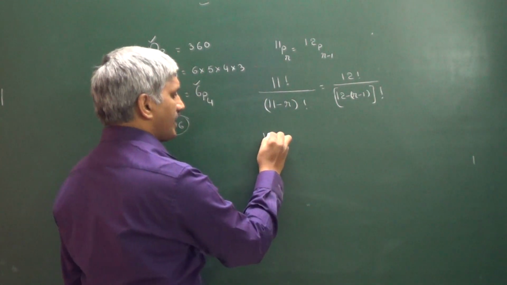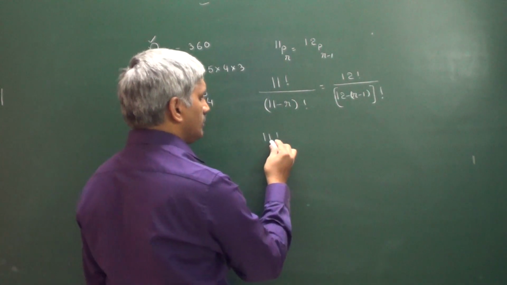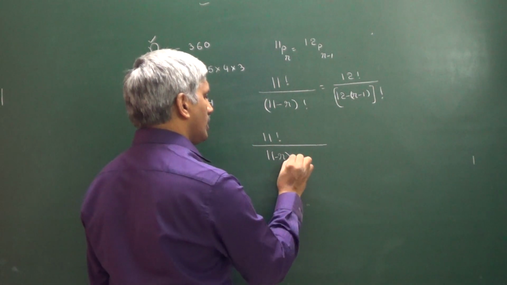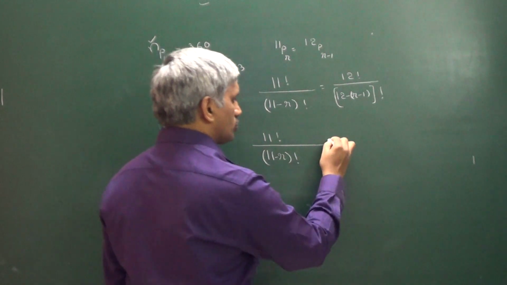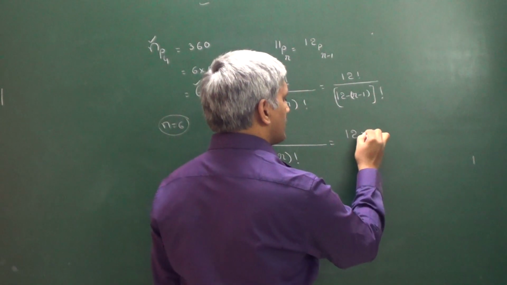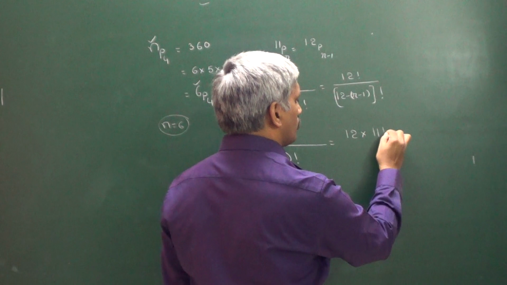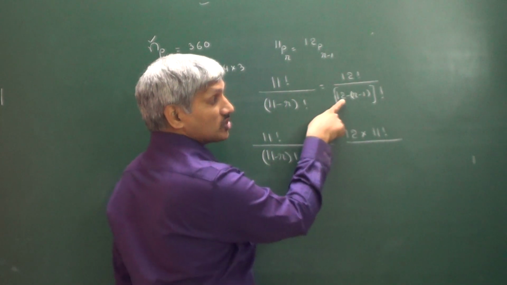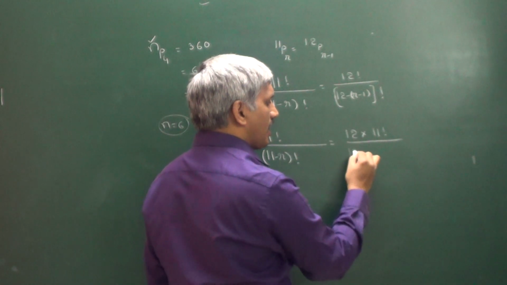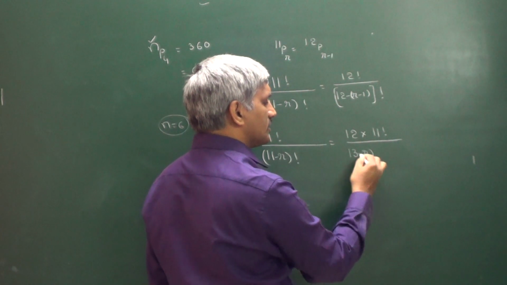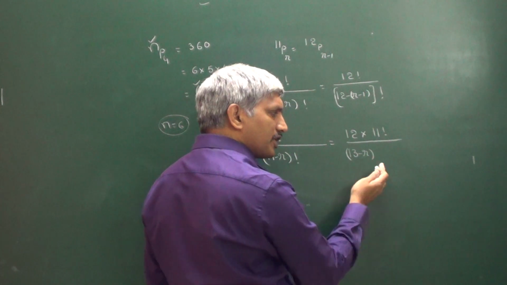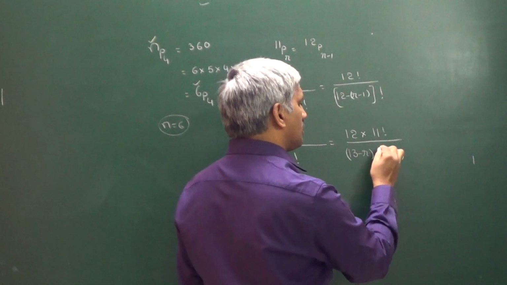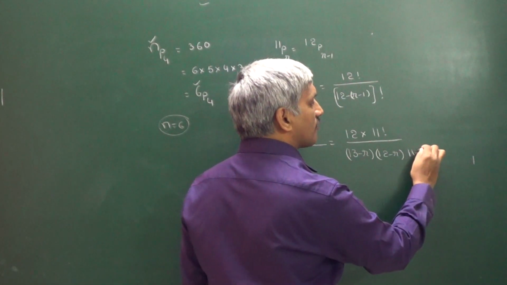Now again we can write this as 11 factorial divided by (11 minus r) factorial is equal to 12 factorial, which can be written as 12 into 11 factorial, divided by (13 minus r) factorial. (13 minus r) factorial can be written as (13 minus r) into (12 minus r) into (11 minus r) factorial.